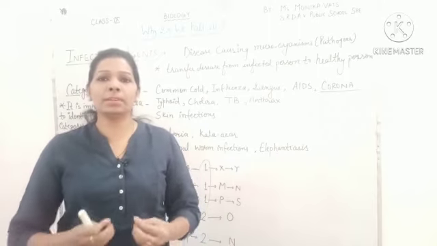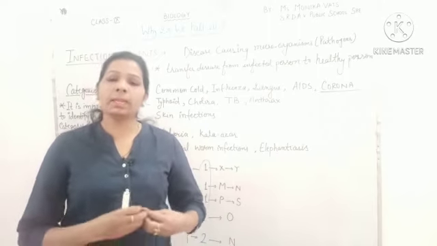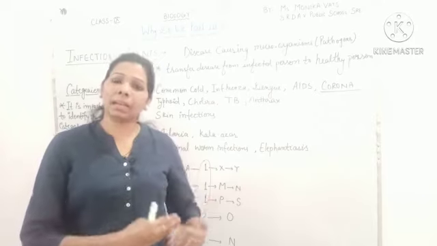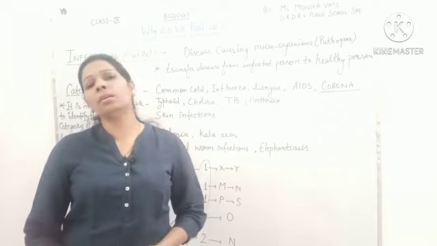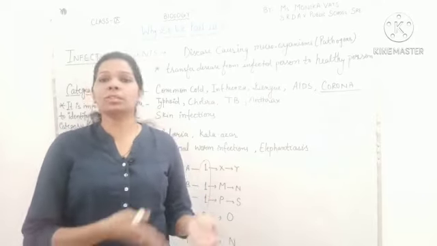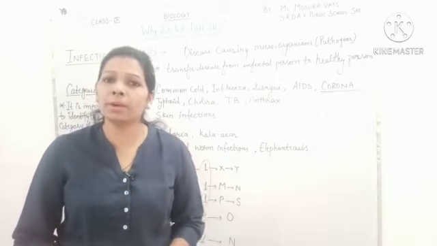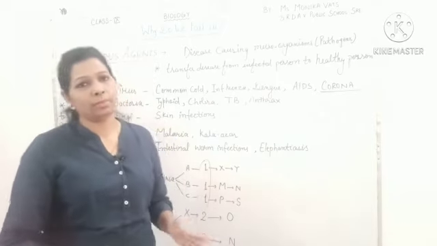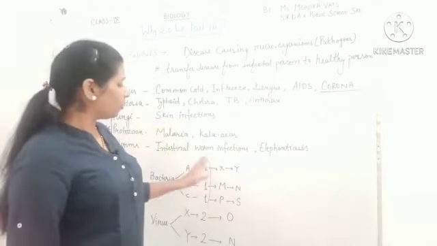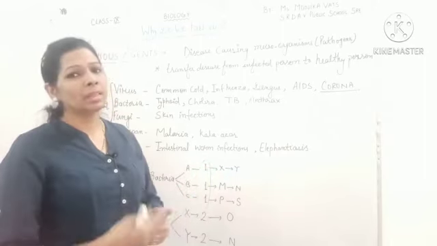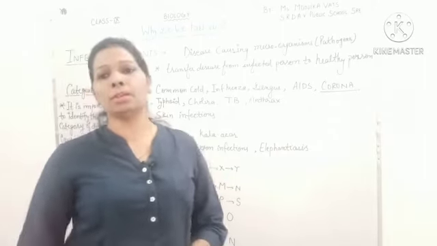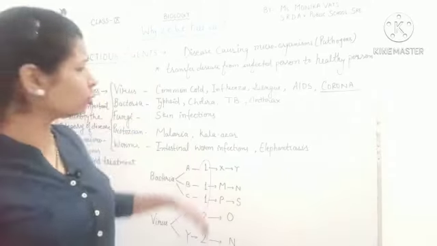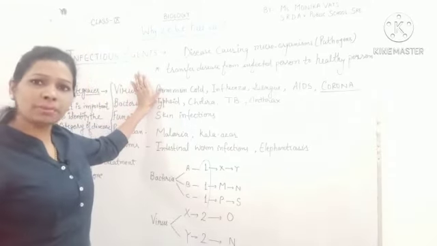A medicine we take for bacterial infection cannot help us in viral infection. Why? Because they all have different biochemical pathways, and due to these different pathways, they have different treatment strategies. So today's topic was infectious agents.